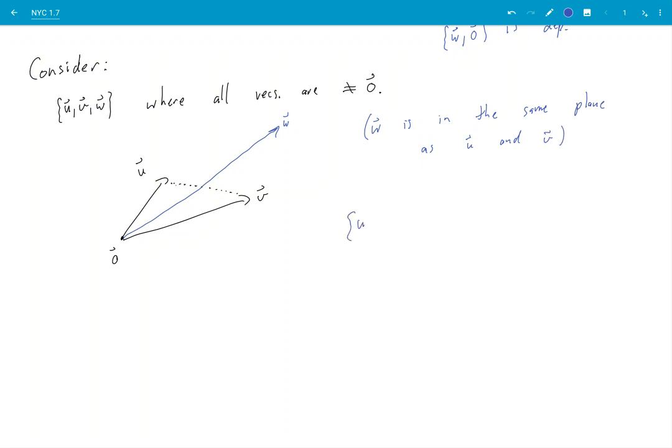Okay, in this case, U, V, W is necessarily dependent. Why is that? Well, you can see by the picture that W is going to equal some linear combination of U and V. That's because it's in the same plane.